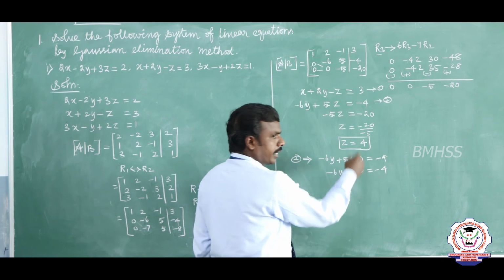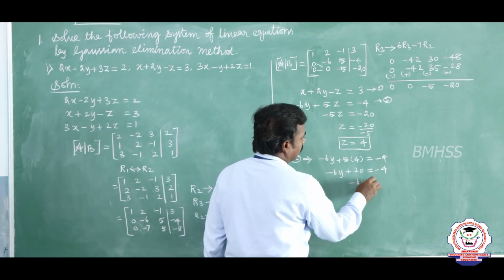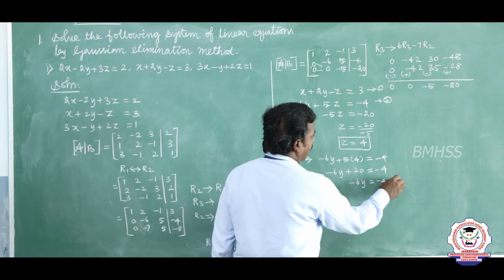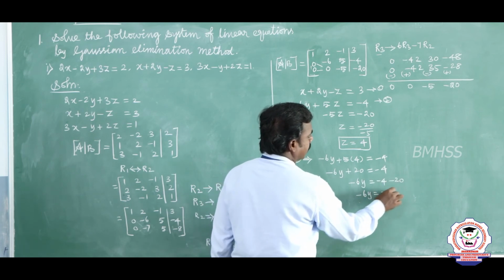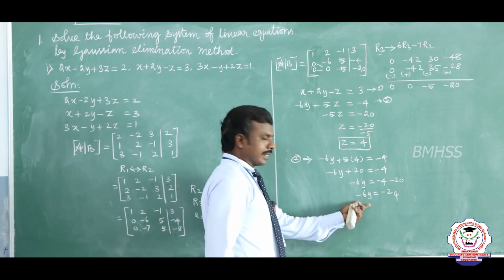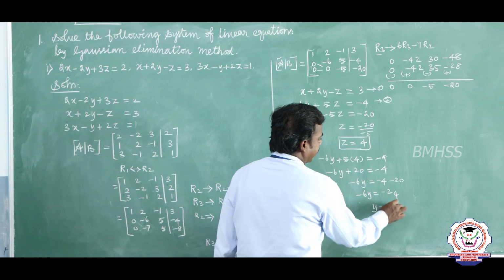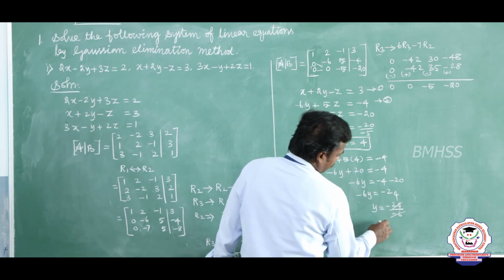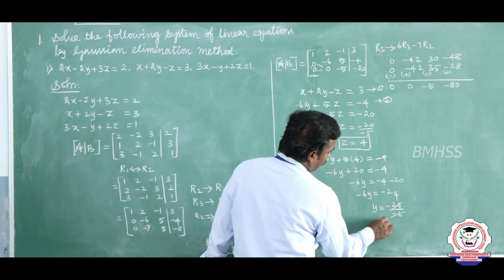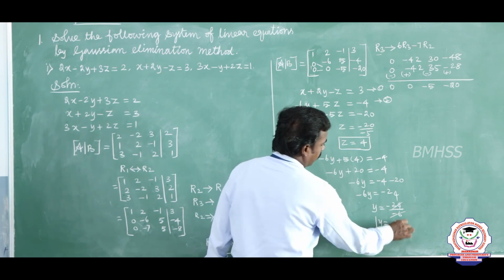Taking plus 20 to the right hand side, minus 6y equals minus 4 minus 20, which is minus 24. So y equals minus 24 by minus 6, and after the cancellation, y equals plus 4. This is the value of y.